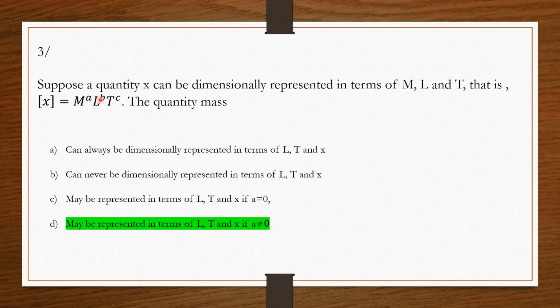Then, suppose a quantity x can be dimensionally represented in terms of M, L and T, that is x is equal to M to the power a, L to the power b and T to the power c.